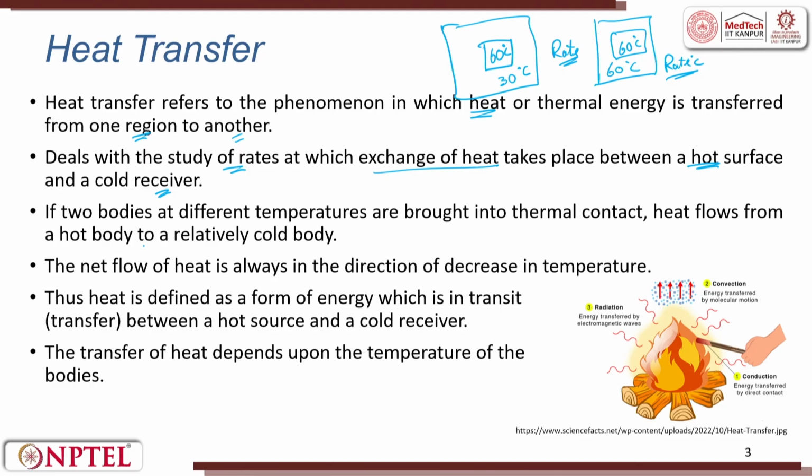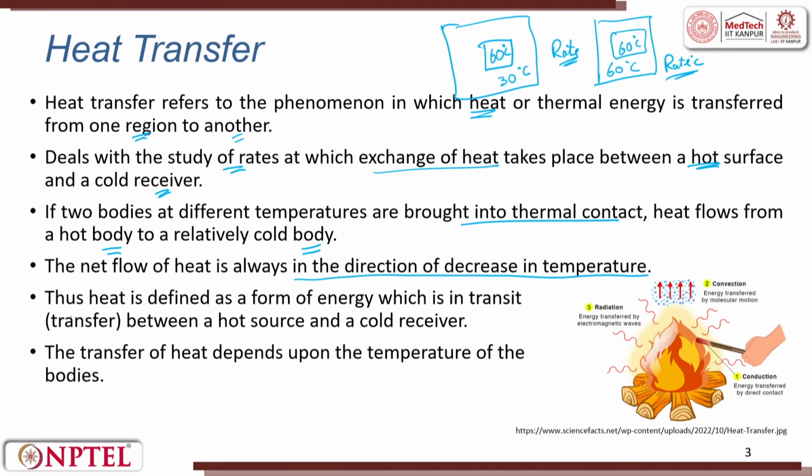If two bodies at different temperatures are brought in thermal contact, heat flows from the hot body to the cold body, or relatively cold. It can be 60 degrees and 50 degrees, so there will be a heat transfer from 60 to 50. The net flow of heat is always in the direction of decrease in temperature.